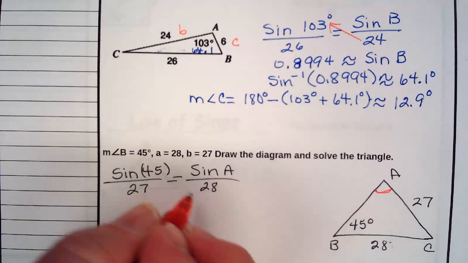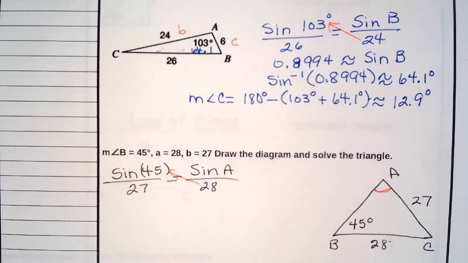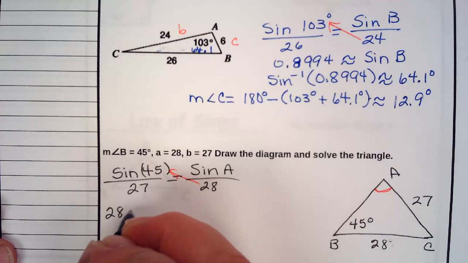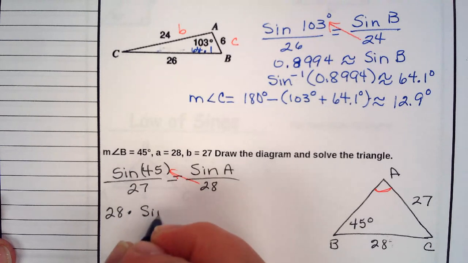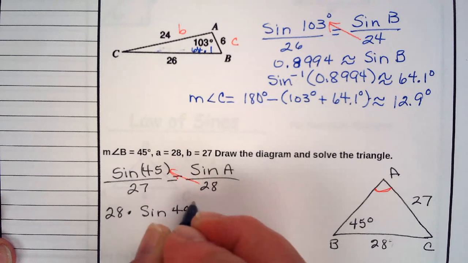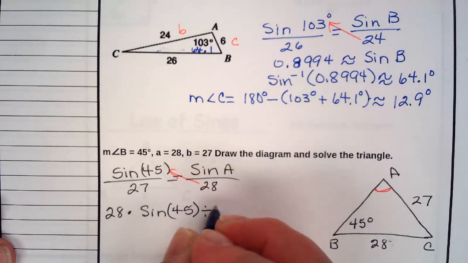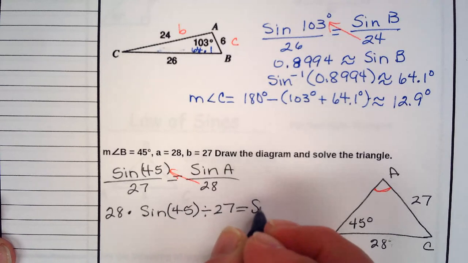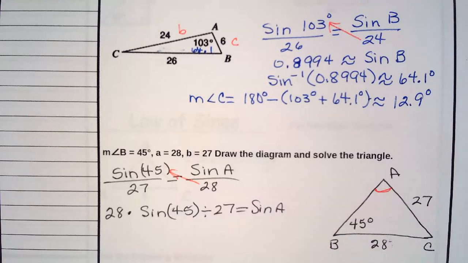Multiply that diagonal. 28 times the sine of 45 degrees divided by 27. And I'm expecting that decimal.